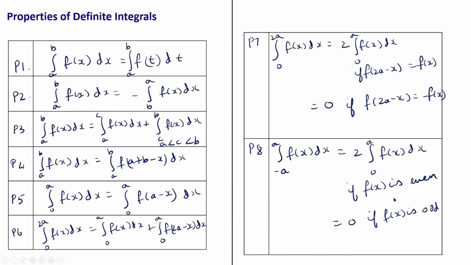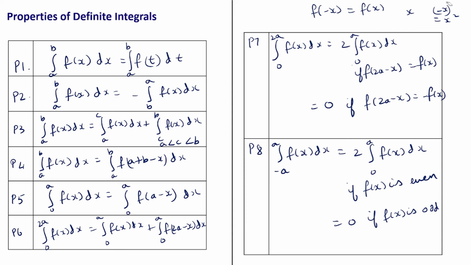A function is said to be even if f of minus x is equal to f of x. Say for example x square, if we take f of x as x square, then f of minus x will be minus x the whole square, which is again equal to x square. So x square is an even function.